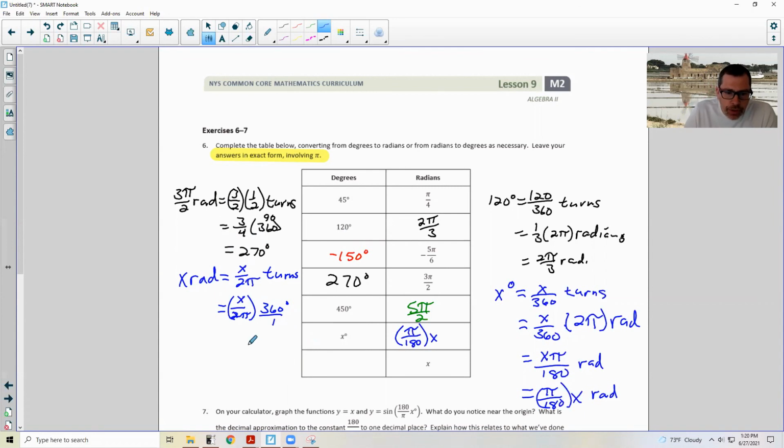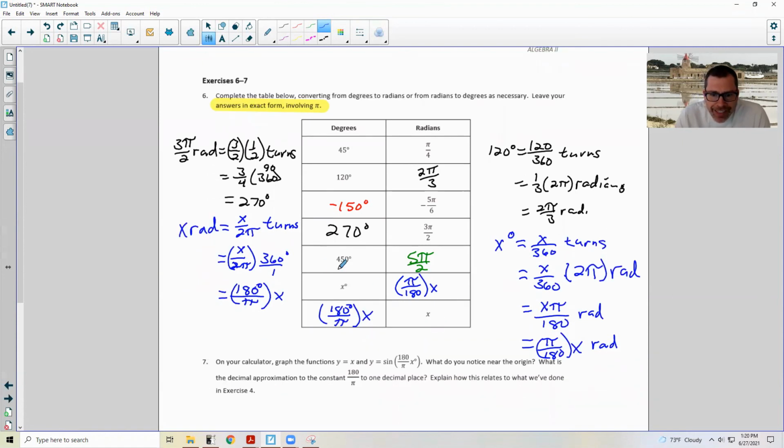So this is going to reduce. 360 is then going to be 180 degrees over pi. And then the x is going to be multiplied outside. Think of that as over 1. So x radians is going to equal 180 degrees over pi times some x, which was the radian.